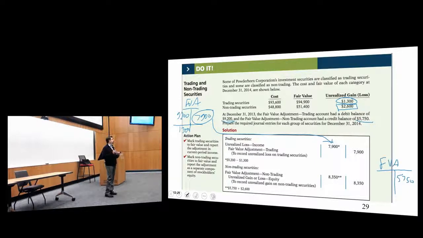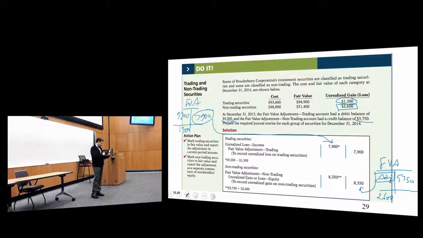It's supposed to have a 2,600 debit balance because eventually it will be debited that amount. How do you get from a credit balance of 5,750 to 2,600? This is where you have to do the adjustment.